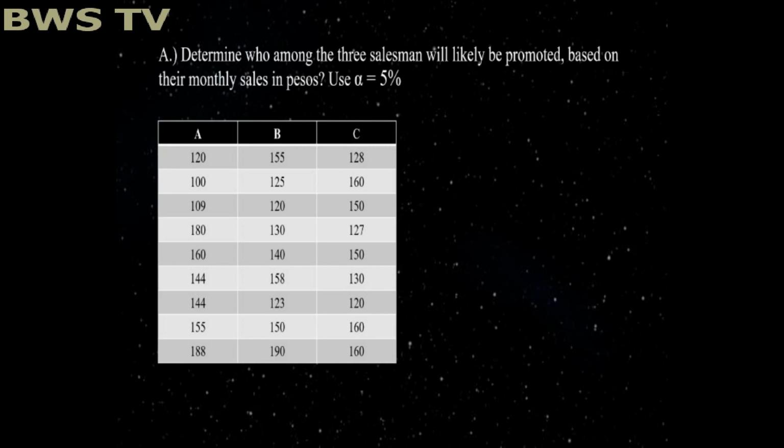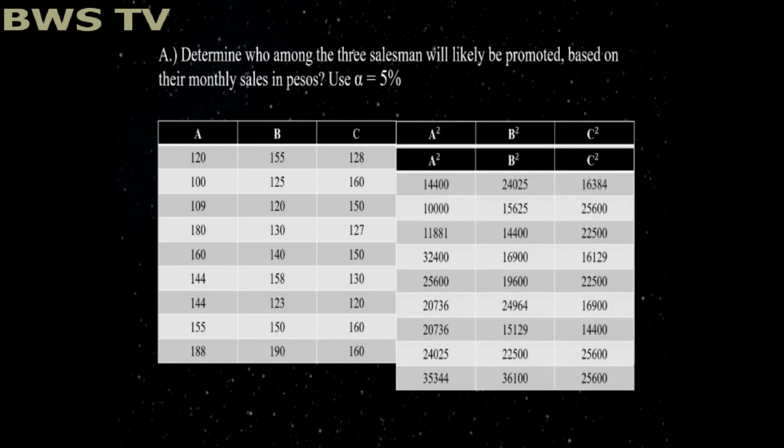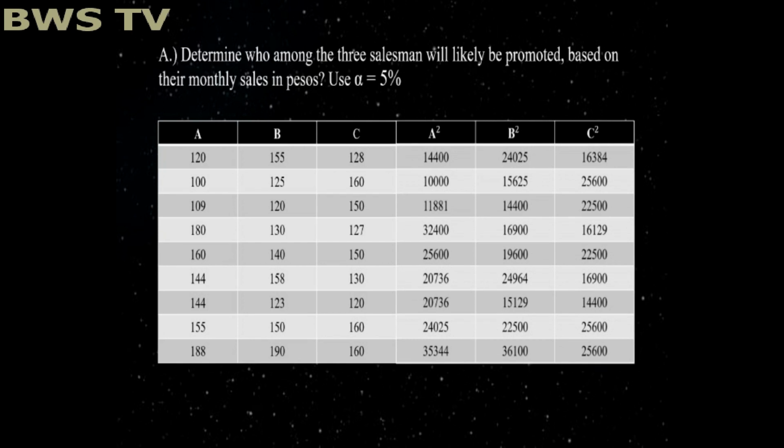If you look at the table, we have three columns, column A, B, and C. First thing you need to do is to find the squares of each variable. And then here we have the squares of each variable. The next thing to do is to find the summations of each column.